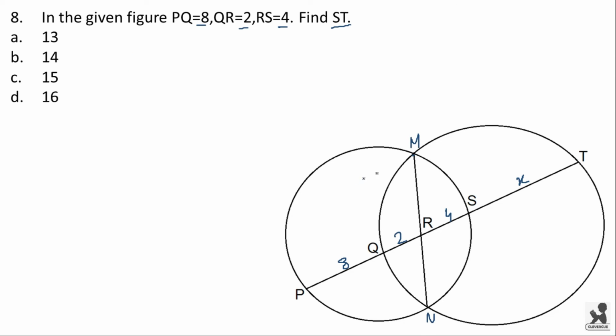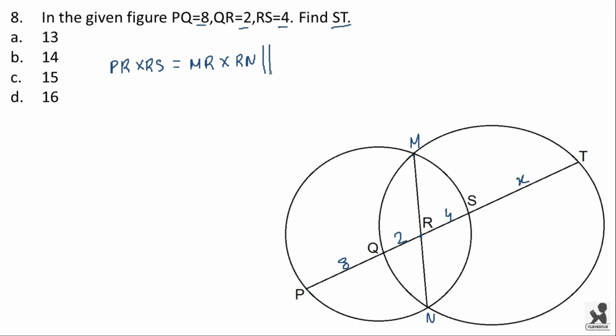Now, by the intersecting chords theorem, we see that here PS and MN are intersecting at point R. Here we can apply the intersecting chords theorem. That is PR into RS. In the smaller circle, PR into RS is equal to MR into RN.